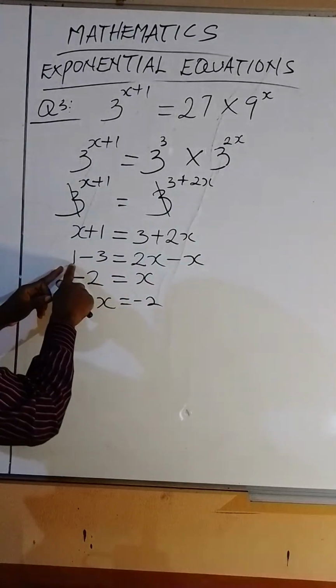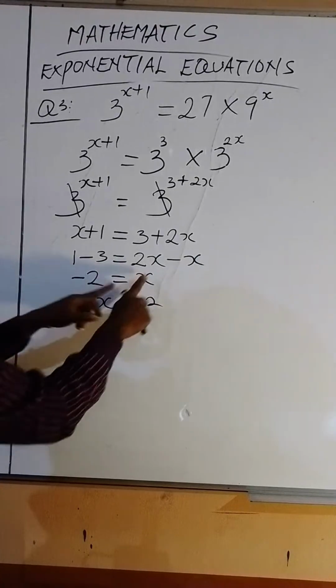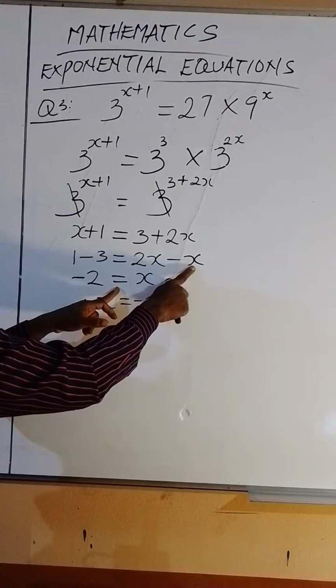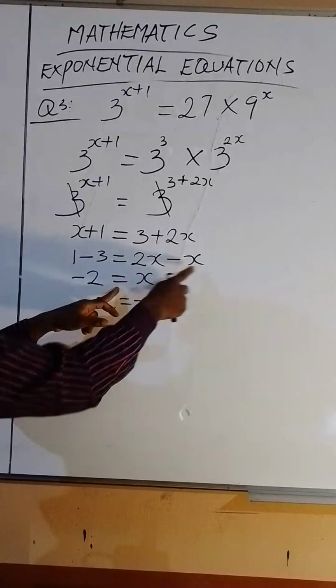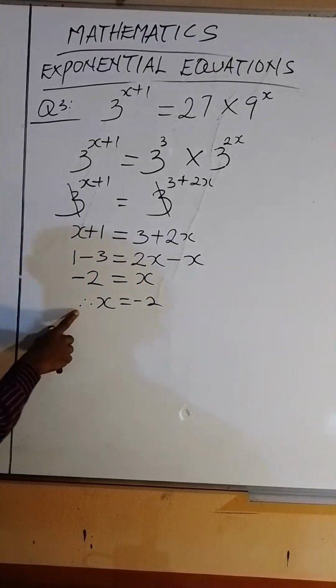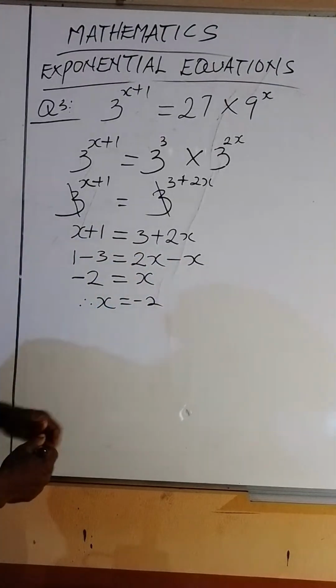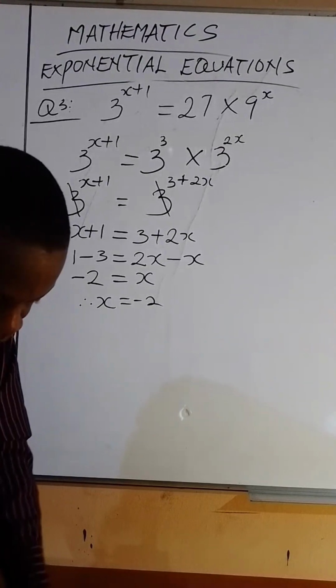All right, so 1 minus 3 is minus 2, and 2x minus x, or 1x. It's like 2 minus 1, all right? So 2x minus x is x. Therefore x is equals to minus 2. So this is the third question that we are going to solve this morning.